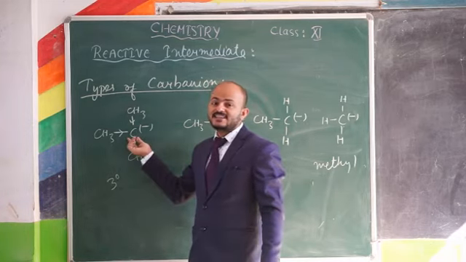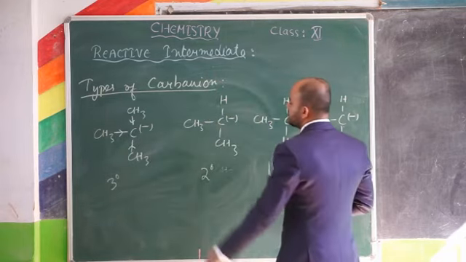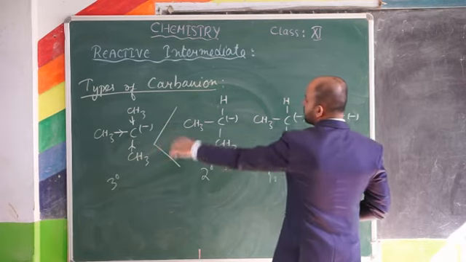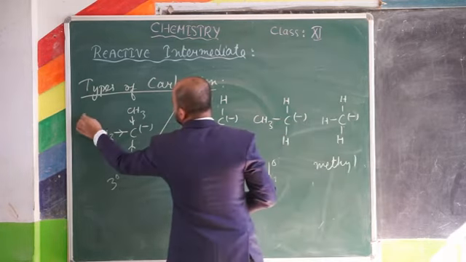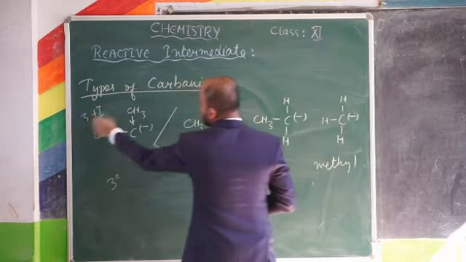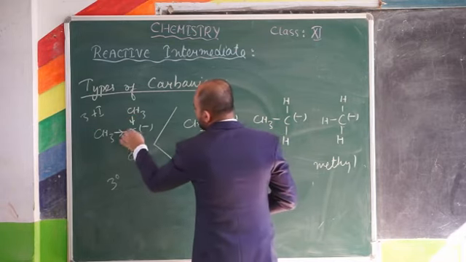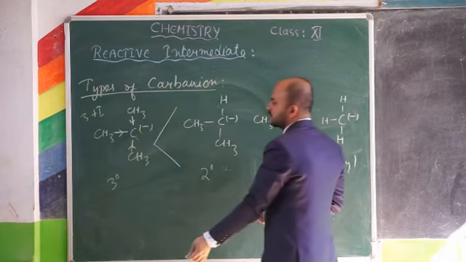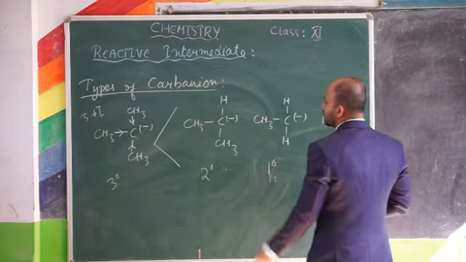That makes it least stable. So this is our least stable because it has 3 plus I effect groups. Plus I effect is increasing electron density over the carbon atom, which is already negative. Therefore, it is least stable.